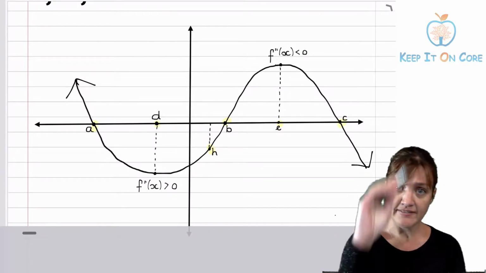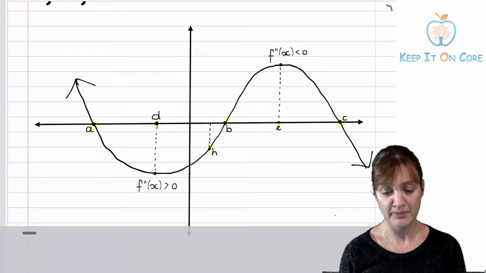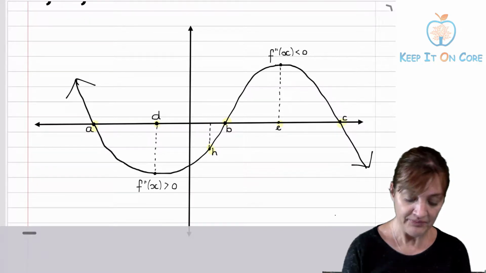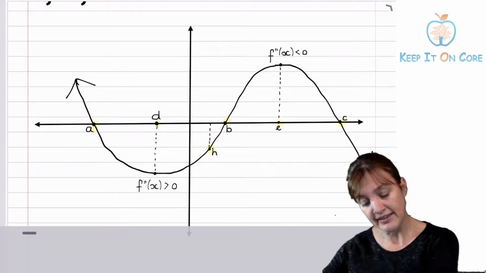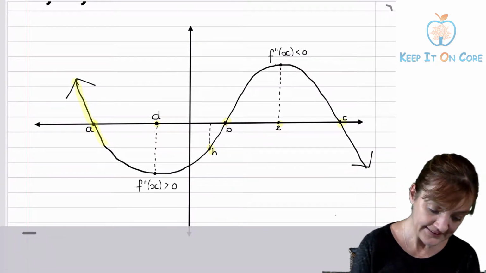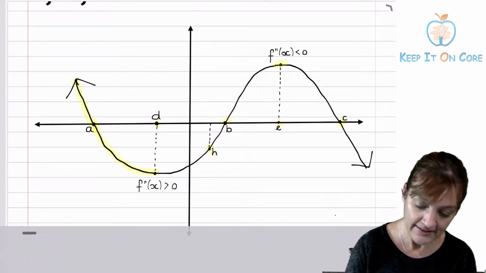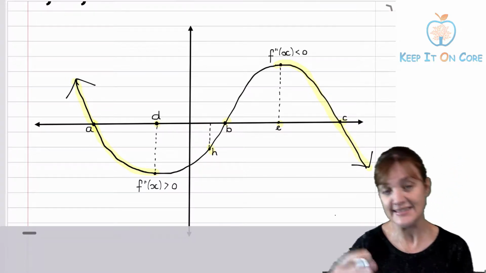First things first, do you notice this would be a negative cubic function? Okay, I know that because it's a negative d. So as x is increasing on the x-axis, it starts off by decreasing, and the end behavior of your function is that it's decreasing.